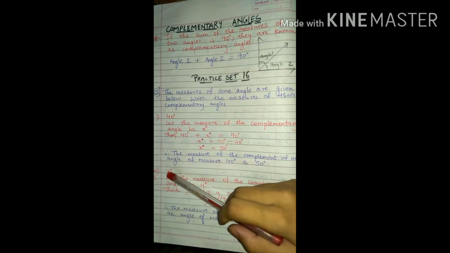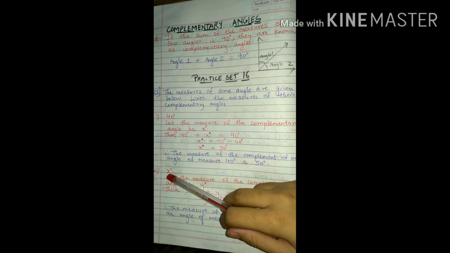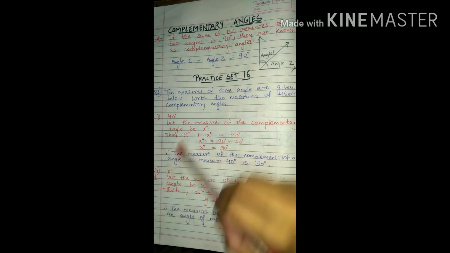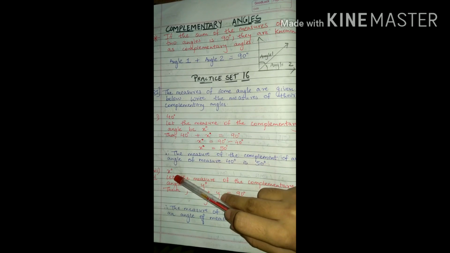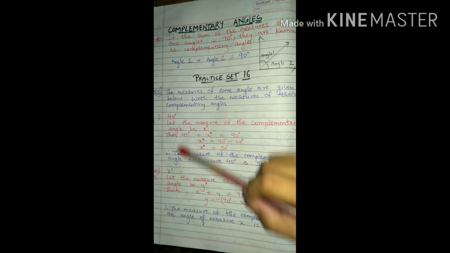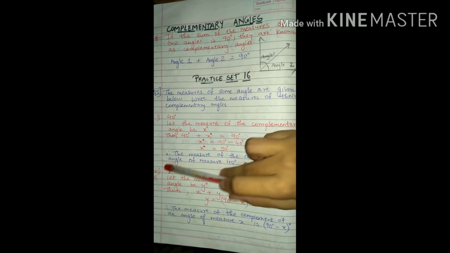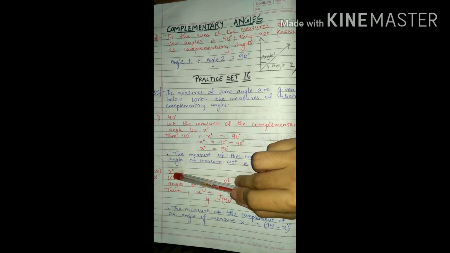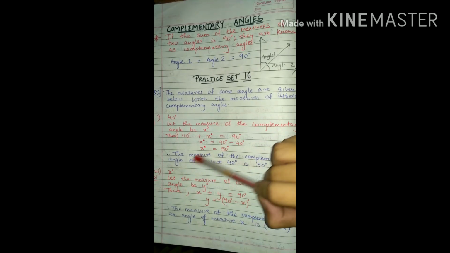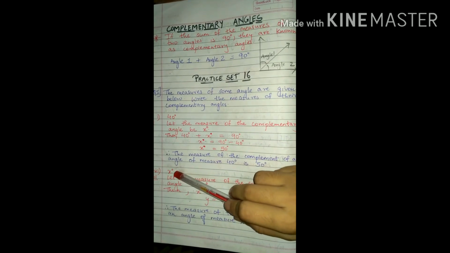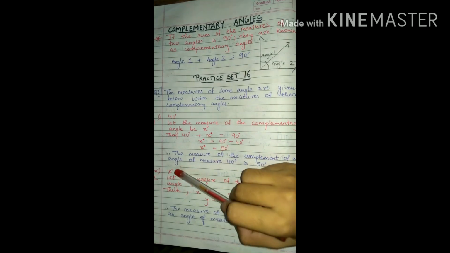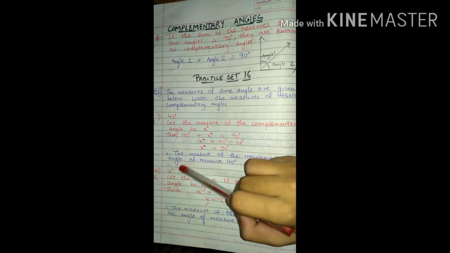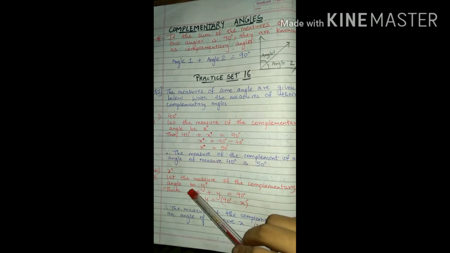Now I'm doing sum number 8. The rest are all the same, so I'm doing sum number 8. Now what have they given? They have given one angle to be x degrees, and they have asked us to find the measure of the second angle. They have already taken x, so we will not use the letter x, we will use some other letter.